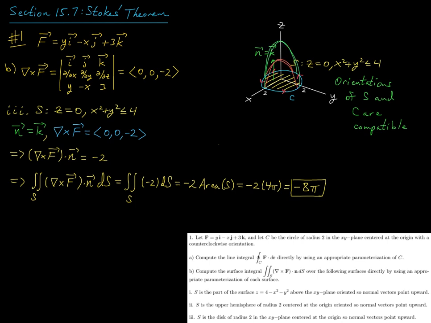Okay, my last comment is that what we also have seen is that all three of these surfaces, the paraboloid, the hemisphere, and this flat disk, they all have this common boundary curve, and the surface integral of the curl has turned out to be that common value, which is equal to the line integral. Now, a really powerful consequence of this is that this surface in principle can be anything you want it to be.